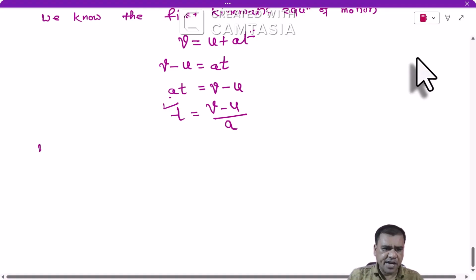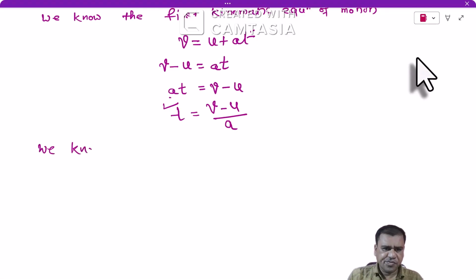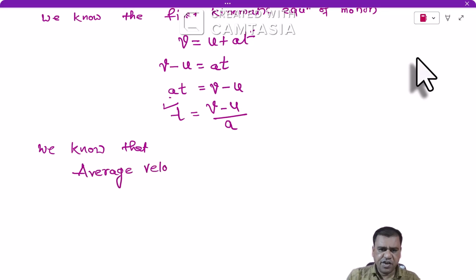Now we know that the average velocity of an object can be calculated as u, that is the initial velocity, plus v, that is the final velocity of an object, divided by 2.